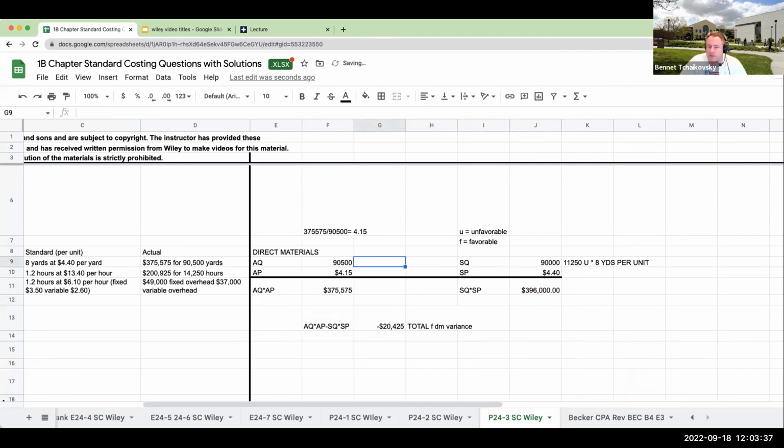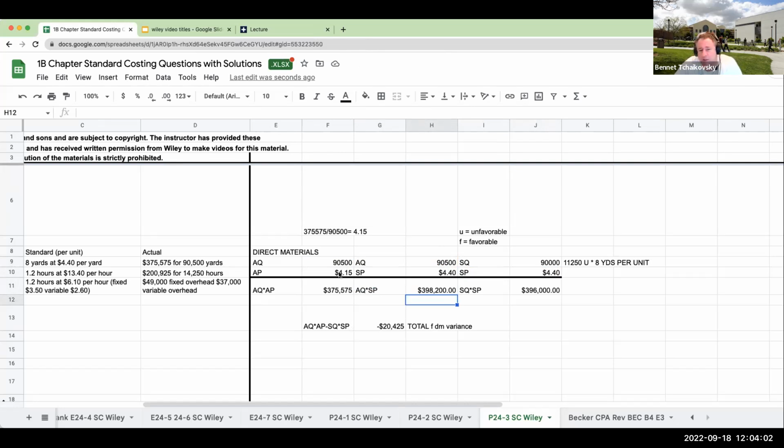Now I'm going to put the middle value right over here: AQ times SP. So 90,500 times 4.40 gets 398,200. Why do I do this? Because when I look at where my variance is coming from, it's not all in one direction.